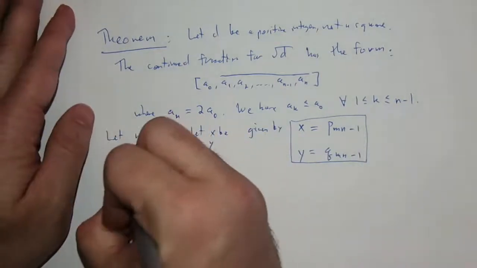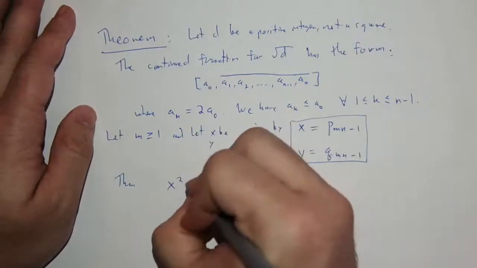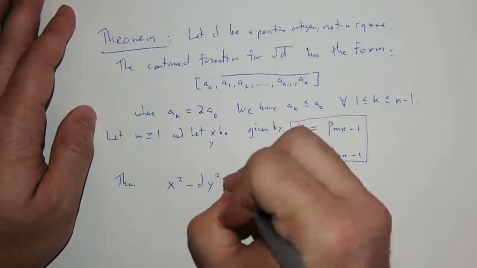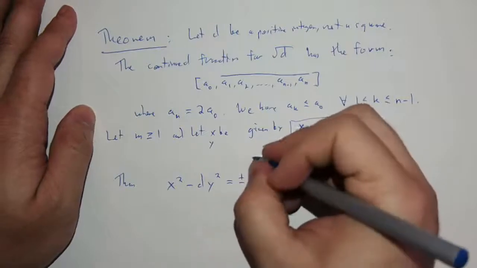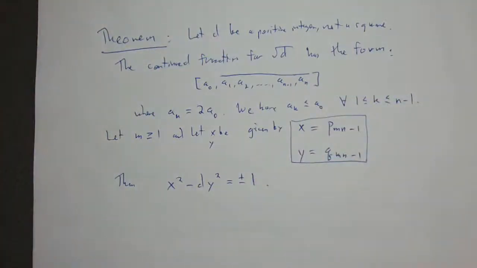Then x squared minus dy squared is equal to plus or minus 1. Now, if it's equal to plus 1, we're happy because that solves Pell's equation. If it's equal to minus 1, it turns out we're happy because we can get a solution to Pell's equation out of this. So how do I solve Pell's equation using this?